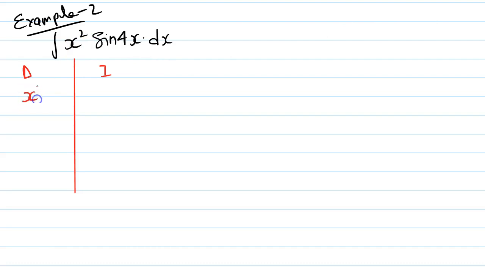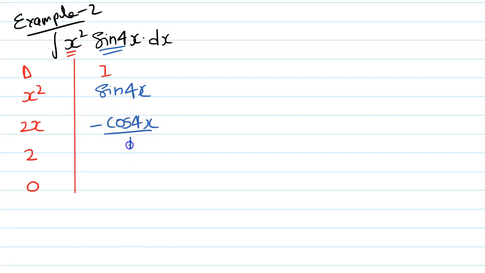It is x square. Differentiation of x square will be 2x, then differentiation of 2x will be 2, then differentiation of 2 will be 0. Now for sine 4x, the integration of sine 4x is minus cos 4x divided by 4.